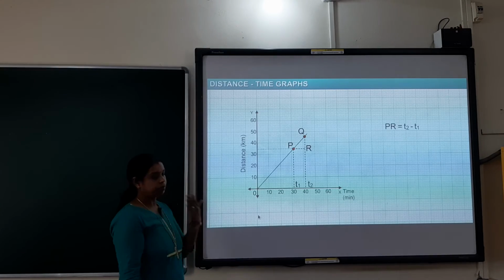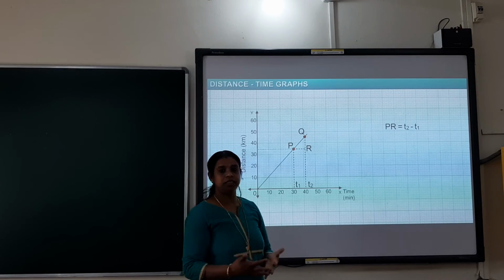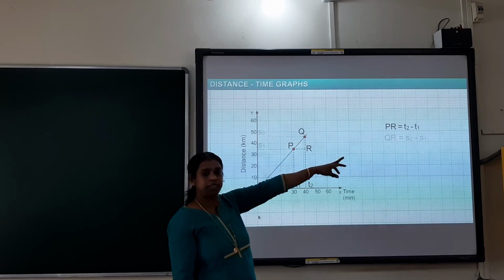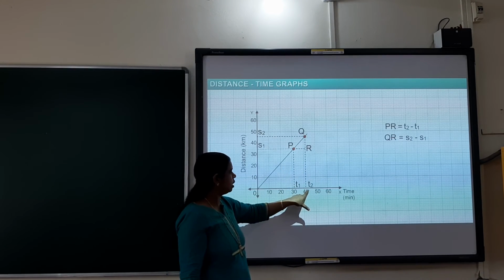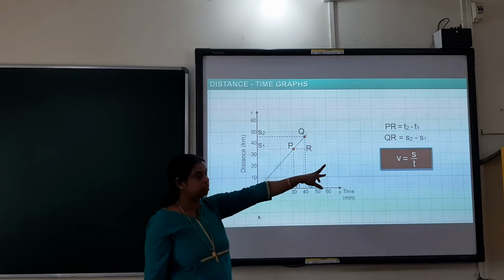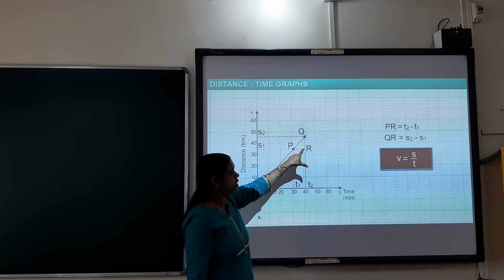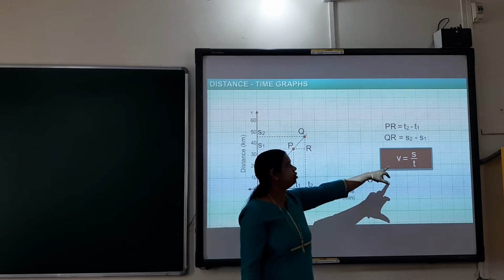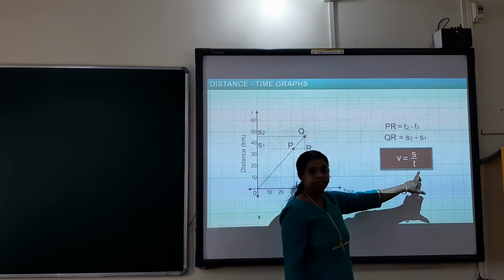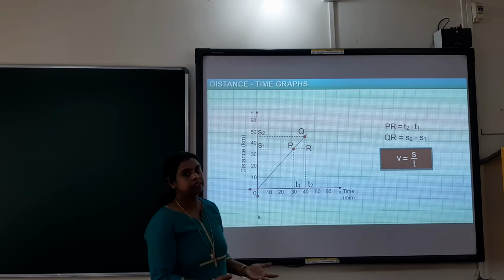Then you know the speed is equal to what? Distance by time. Here PR is the change in time, that is, this is the time T1, this is the time T2. PR is equal to T2 minus T1, and the change in distance is S2 minus S1. You know that the speed is equal to displacement divided by time. V is the speed.